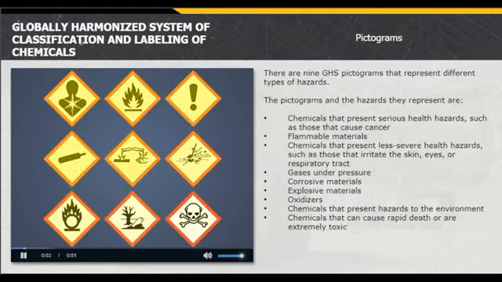There are 9 GHS pictograms that represent different types of hazards.